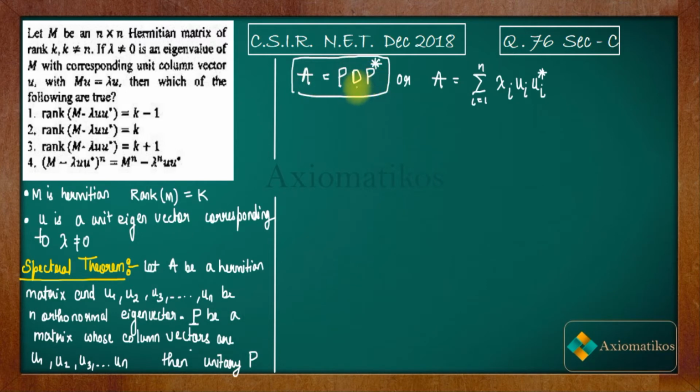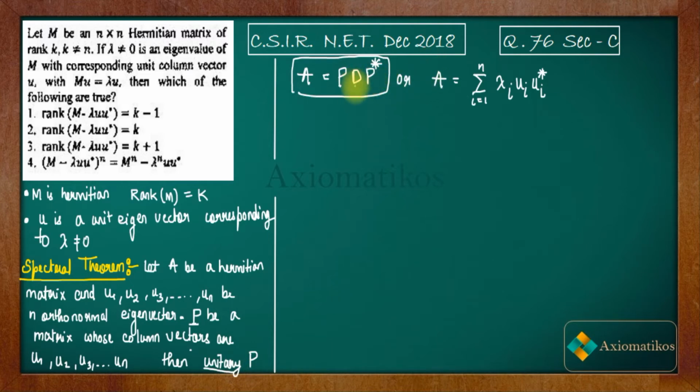What is D? D is a diagonal matrix which consists of the eigenvalues of A in its diagonal. So we can decompose A in the form P D P star. This P is actually unitary, that you have to keep in mind.